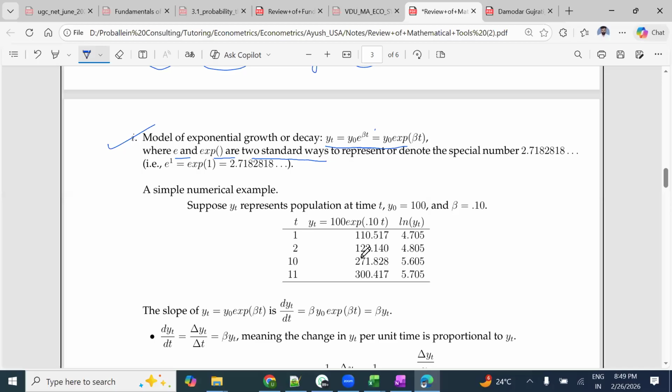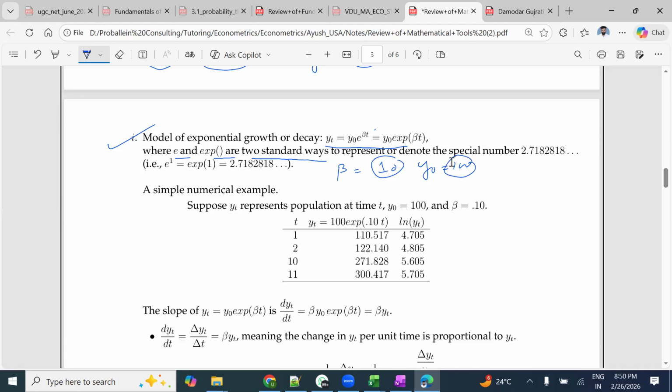Now we are trying to fit how the population at time t changes when our time period changes, how the population growth rate changes, how our Yt will change. You might be thinking from where the equation comes, because beta is given to us, that is 0.10, and y naught is also given to us. Is it clear, ma'am?